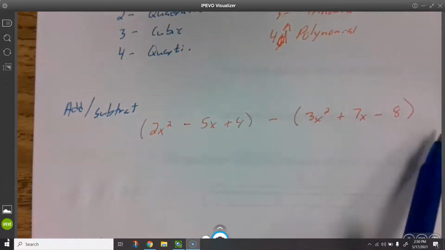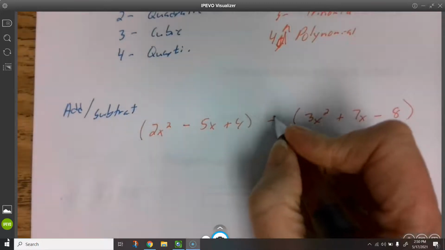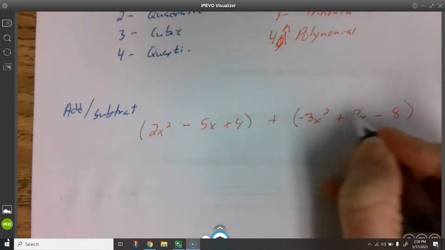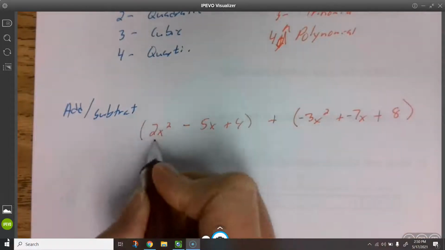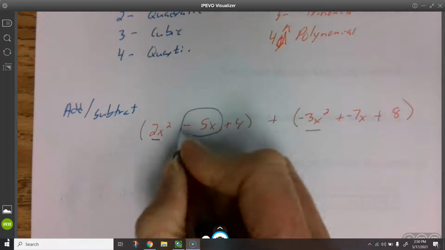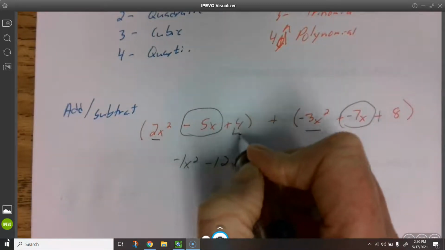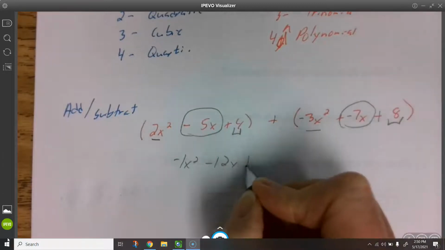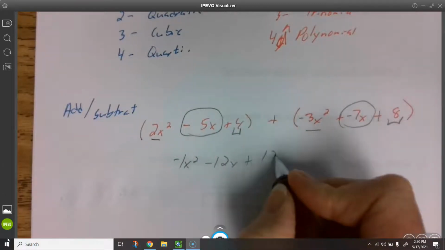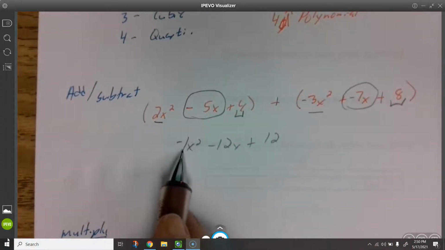What I like to do is go through and change my signs. I'm going to change this to addition, everything in here to its opposite. Then I can just combine like terms. Make sure it's in descending order.